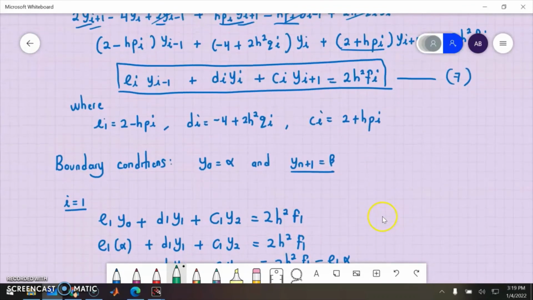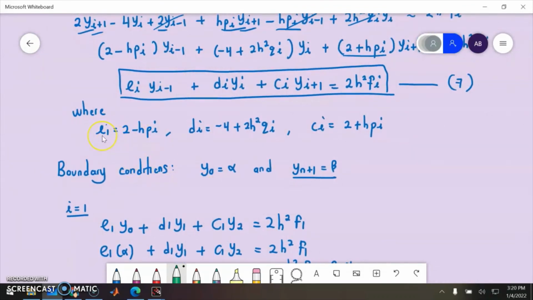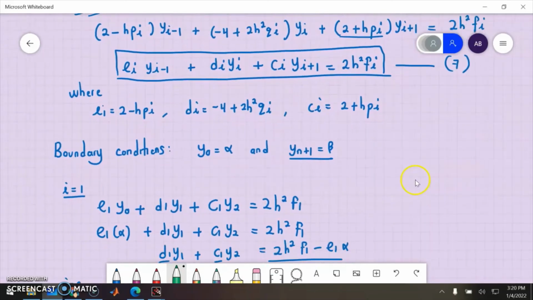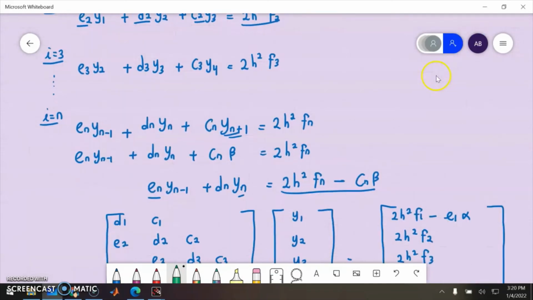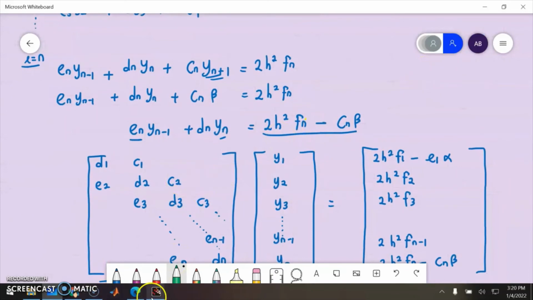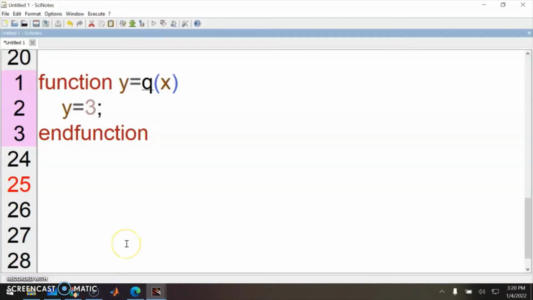To do that, I need to have all this D, E, and C before we even calculate. We want to create a tridiagonal system involving this big A here. So let's create D. What is D equals to minus 4 plus, what is it?